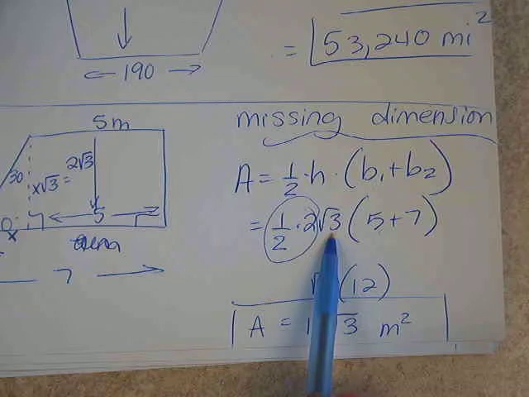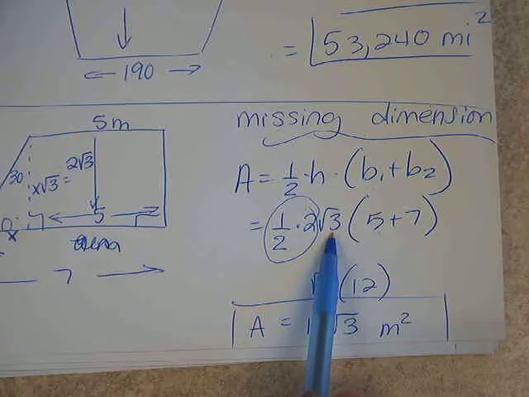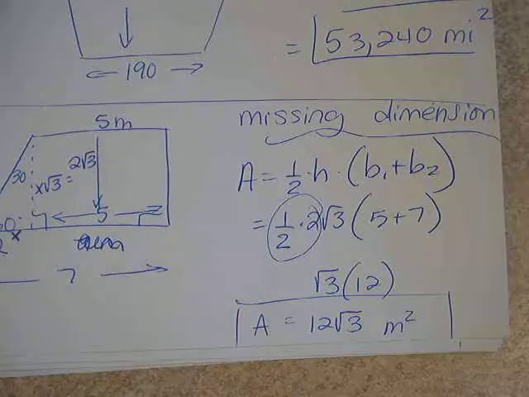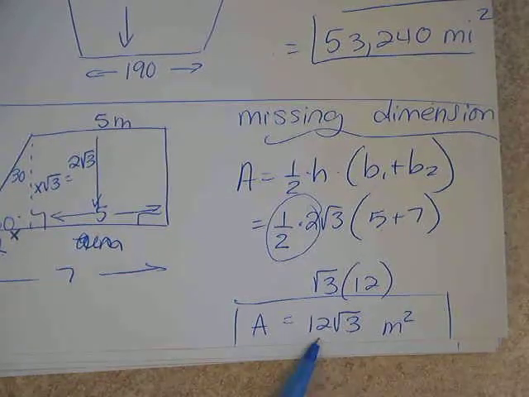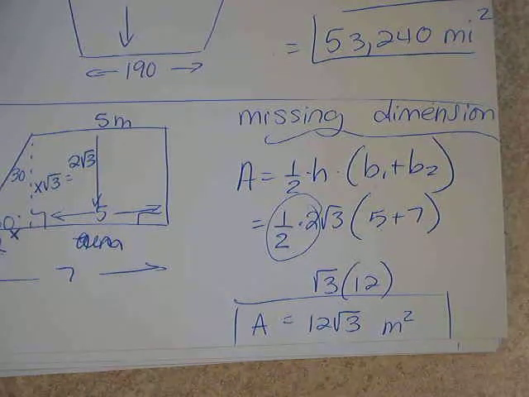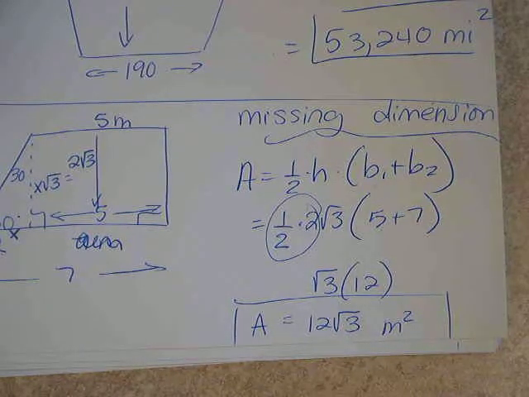And how do you do it the other way, if you divide by 2 afterwards? Then you would do 12 times 2 and get 24, keeping the radical. So you'd have 24 radical 3 divided by 2, and the 24 and the 2 would simplify to 12.